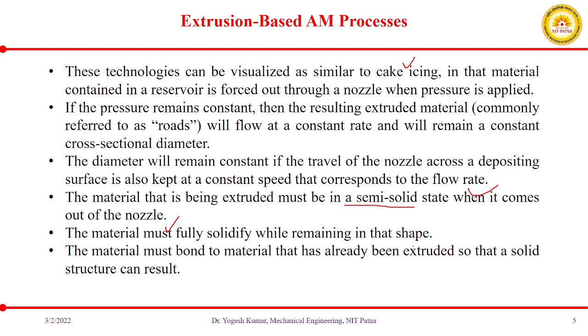The material must bond to material that has already been extruded, so that a solid structure can result. Okay, so the extruded material must make a bond with the previously extruded material on the previous layer or the build platform.